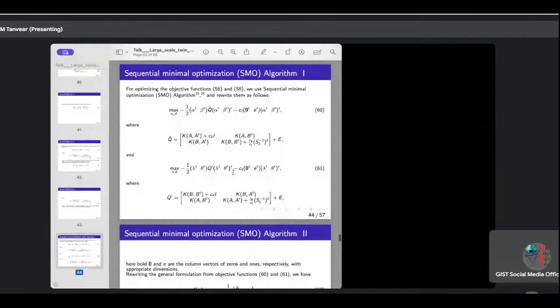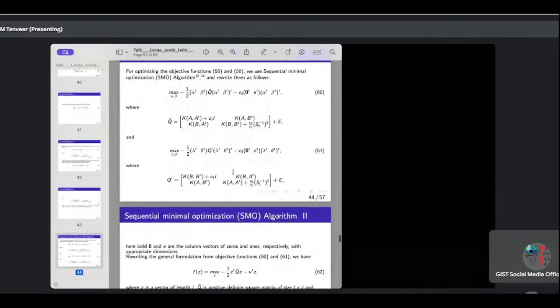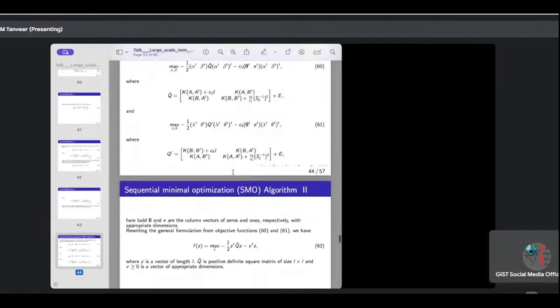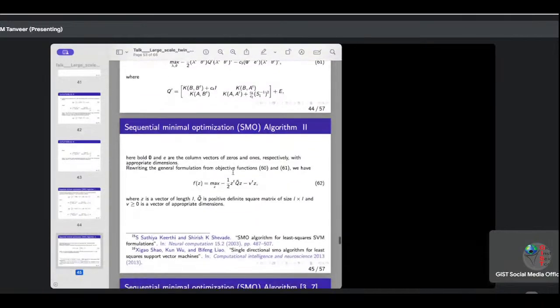Because the SMO algorithm works very well and is easy to use. For more details, please see this paper by Keerthi and Shevade. They developed this idea for least square SVM.